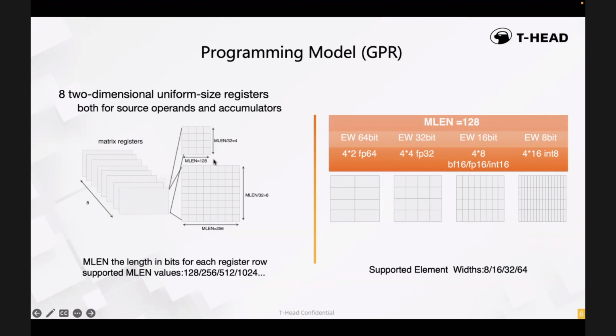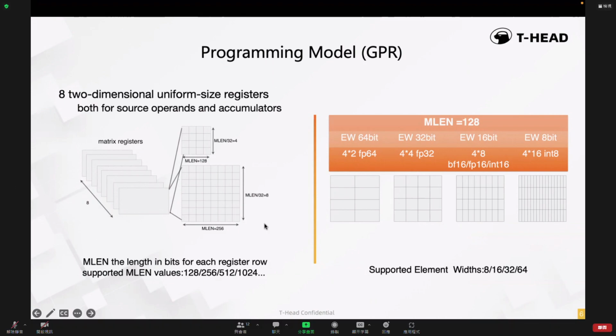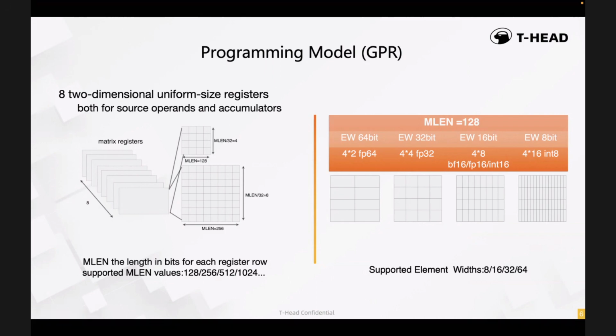For example, when MLEN is 128, the matrix register size is 4 by 4 elements, where each element is 32 bits. And when MLEN equals 256, the matrix becomes 8 by 8.